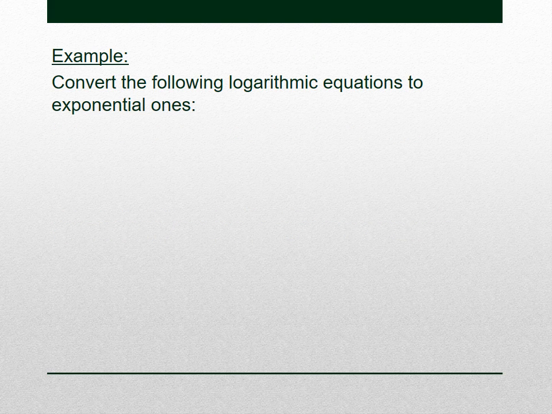An example, it says convert the following logarithmic equations to exponential ones. So this is just using our rule. So 2 is natural log of 6x. That means that e to the 2 is 6x. The way I always think of this is like there's a little base e. You remember in pre-cal you should have seen things like log base a of b. So this is log base e.